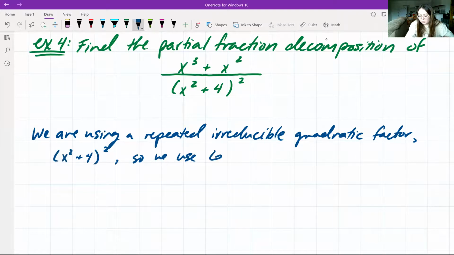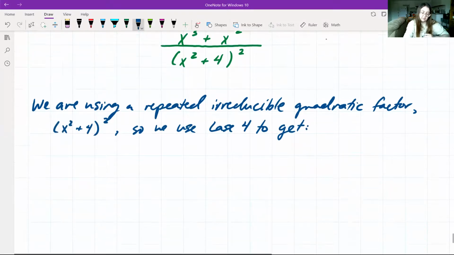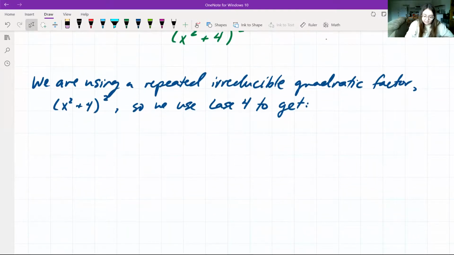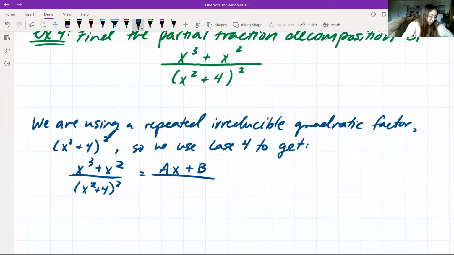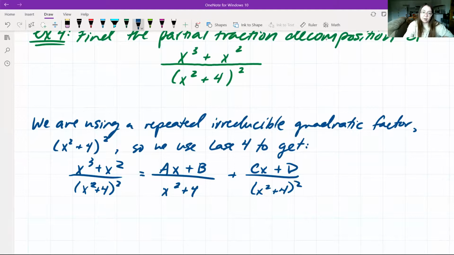So we use case 4 to get that x cubed plus x squared divided by x squared plus 4 squared is going to then be equal to ax plus b divided by x squared plus 4 plus cx plus d divided by x squared plus 4 squared.